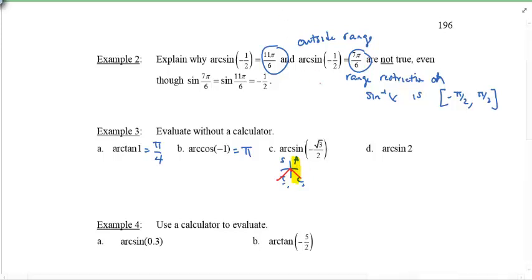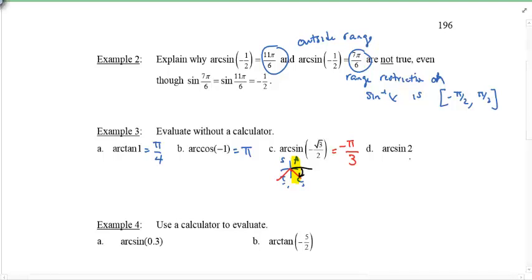And so I believe this answer with a reference angle of pi over 3 becomes negative pi over 3. Because that's the angle starting from the initial arm, and this time going clockwise down pi over 3 radians.